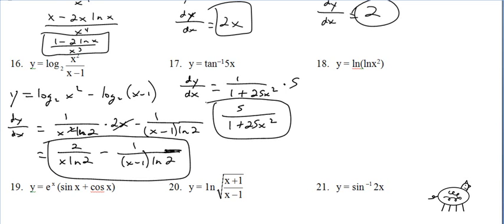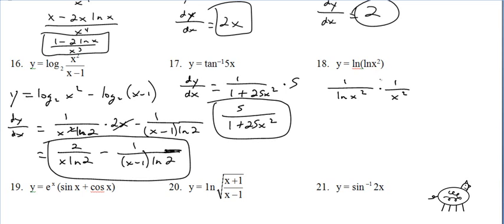Not bad. 18. 18 is a great chain rule problem, man. Oh, it's so sweet. You got the ln of x squared. So the first thing I'm going to do is I'm going to say it's 1 over ln of x squared. Right? And that takes care of the first ln. Then I'm going to go to the ln of x squared, and you guys agree that derivative of ln of x squared is 1 over x squared?